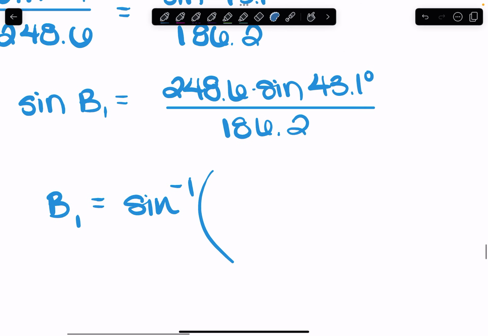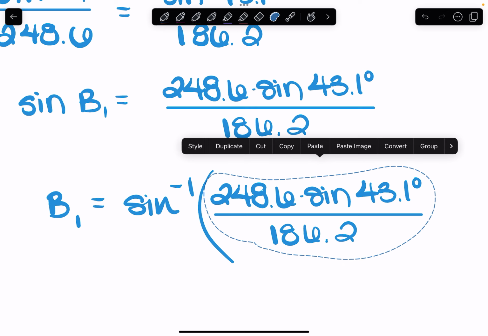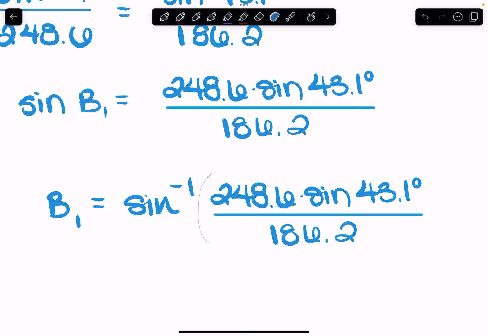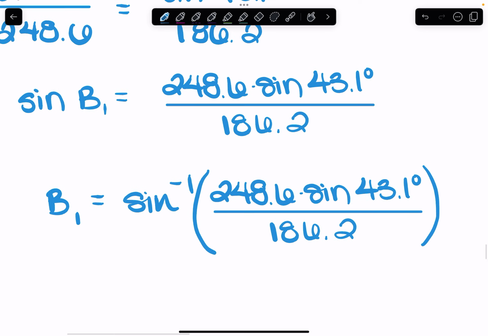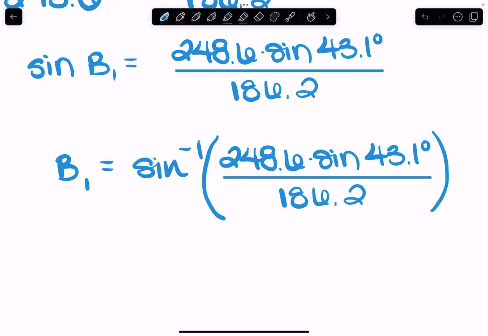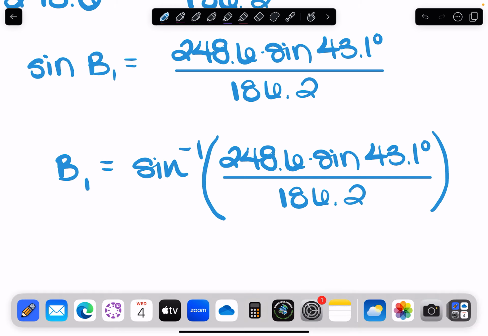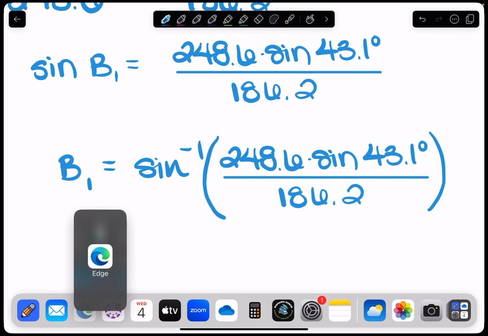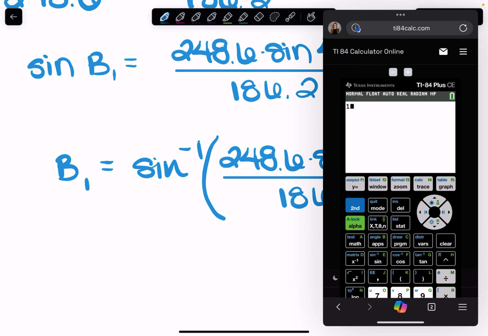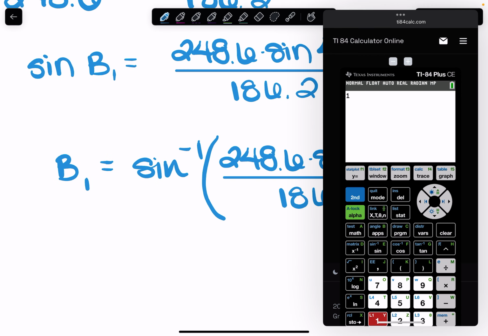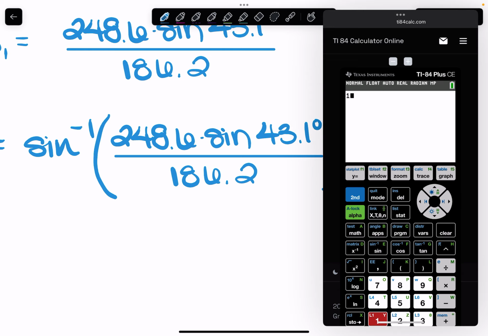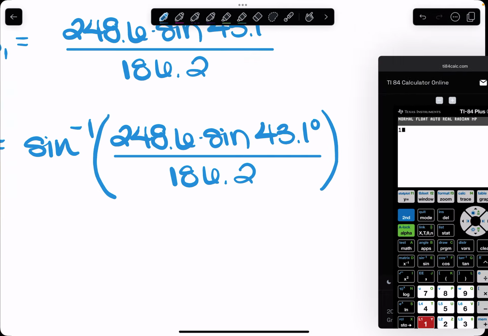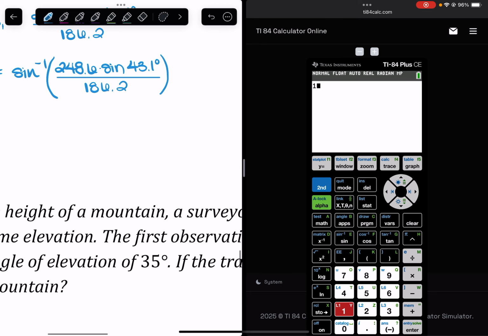So I'm going to be lazy. Copy paste, because that's the beauty of an iPad. All right, so very, very carefully we're going to type this into our calculator. Make sure it looks exactly as written. I'll bring the calculator up for you. Okay, all right, so clear.